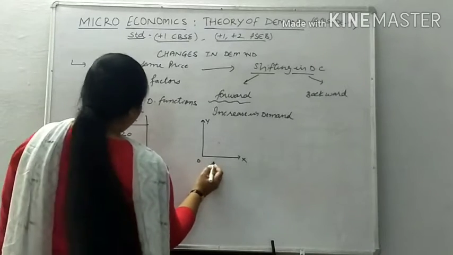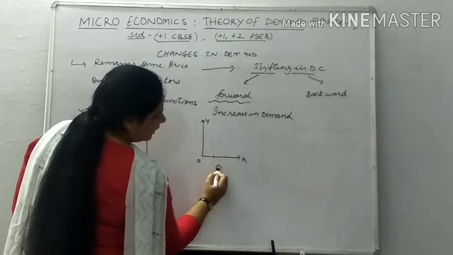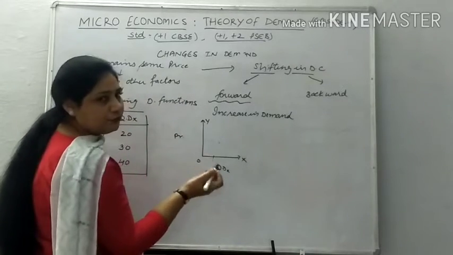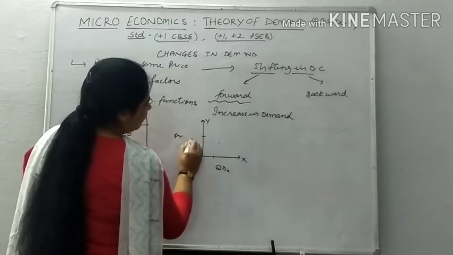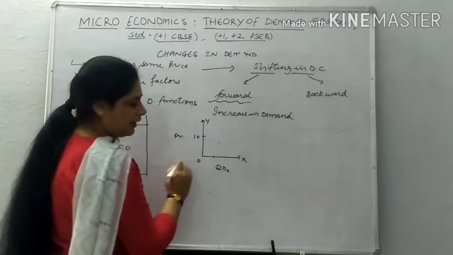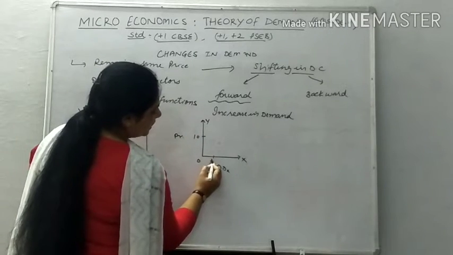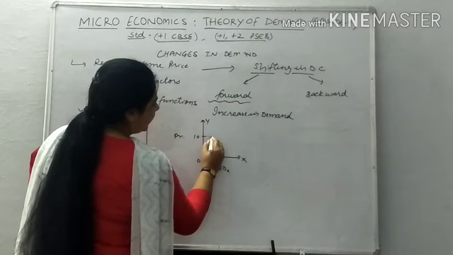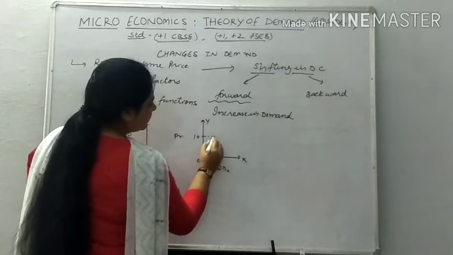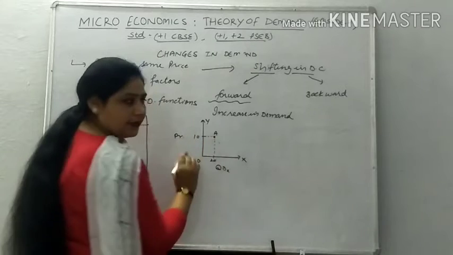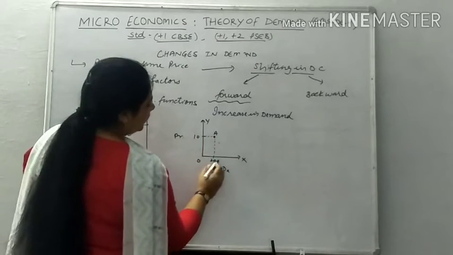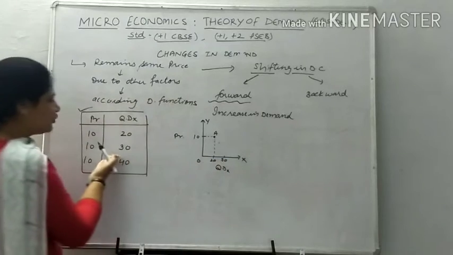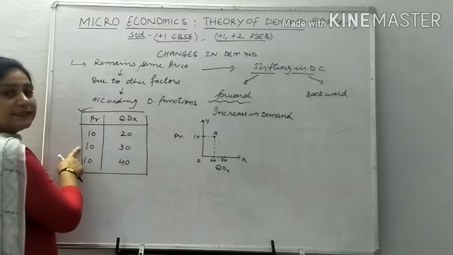Here I am taking quantity demanded on the OX axis and here price, as you know. Price is same, rupees 10. Consumer is purchasing 20 units, and the intersecting point here I mention as point A. Now consumer is purchasing 30 units at the same price.